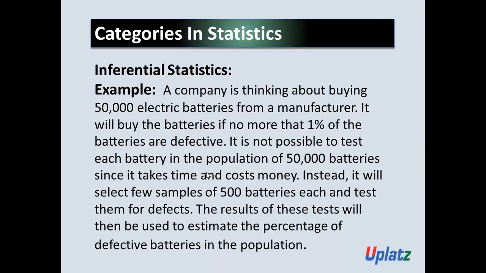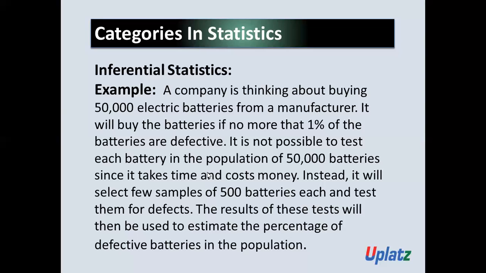So out of 50,000 electric batteries, the company will select a sample of 500 batteries. They will select 500 random batteries and then test them for the defect. Based on how many batteries are defective out of 500 batteries, they will make a decision.